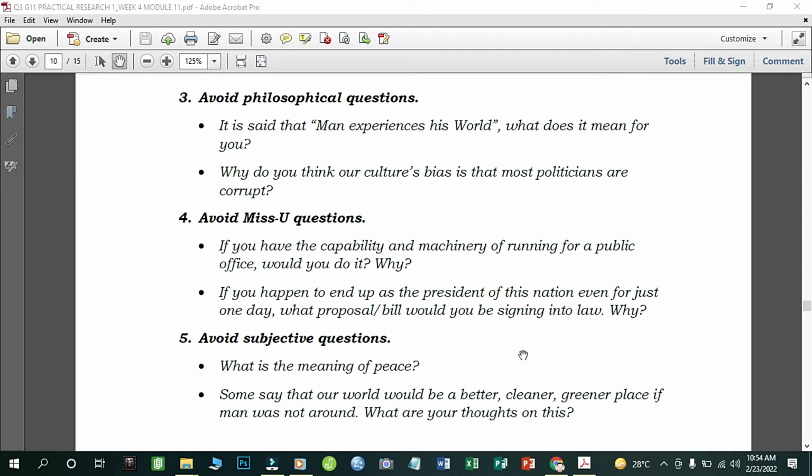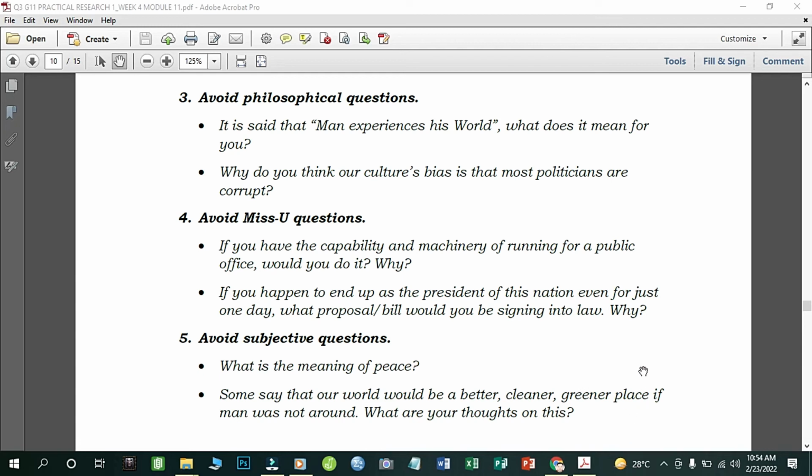Or how does it feel to be an illegal settler? Or the term illegal settler. You can have that in your sub-question. Those are the examples, so you can formulate your own.